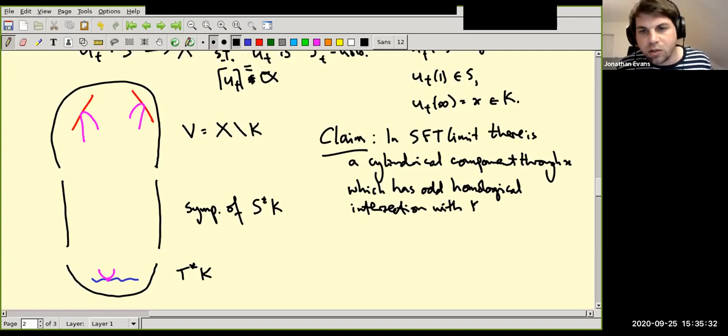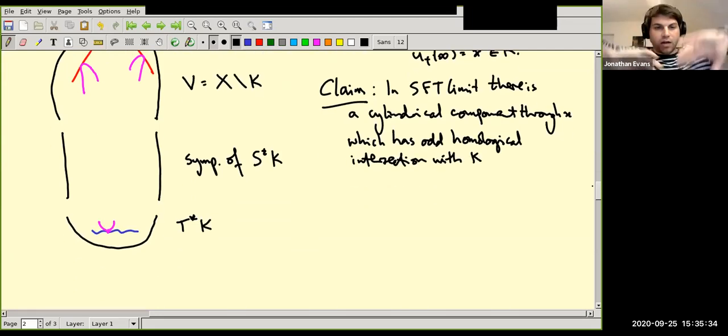So what do I mean? Well, this cylinder's going to have boundary off at infinity. The Klein bottle is a compact, okay, non-orientable, but compact thing. So they have a well-defined Z mod 2 intersection number. I'm claiming it's odd rather than even.